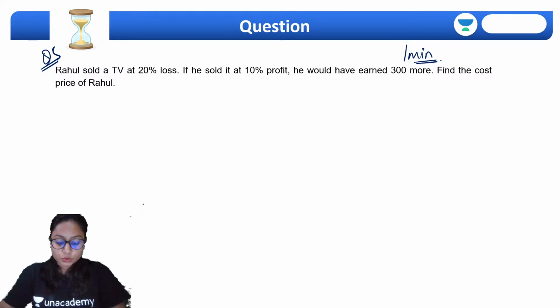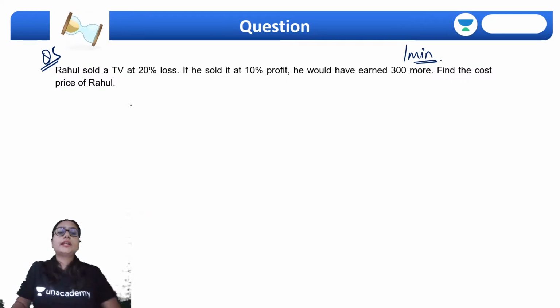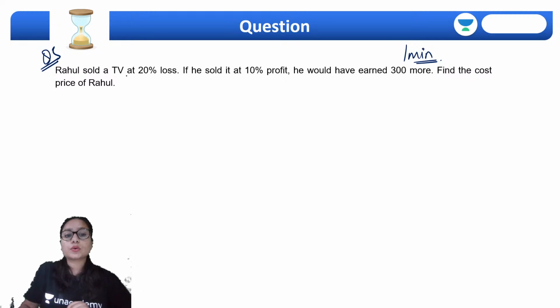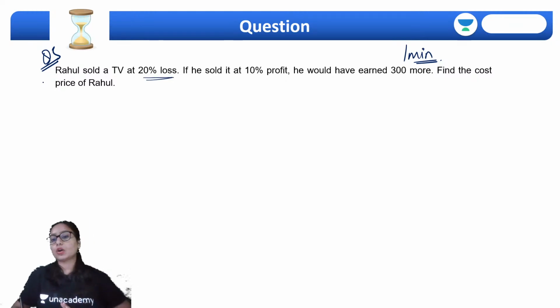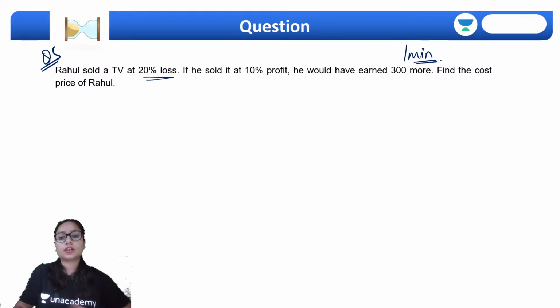So we are getting multiple answers. Some are saying 1000, 3000 and 500. Let's see which is correct. It is given that Rahul sold a TV at 20% loss. So first of all, to calculate the loss, I need the cost price.